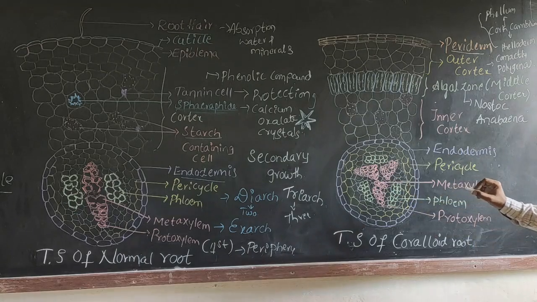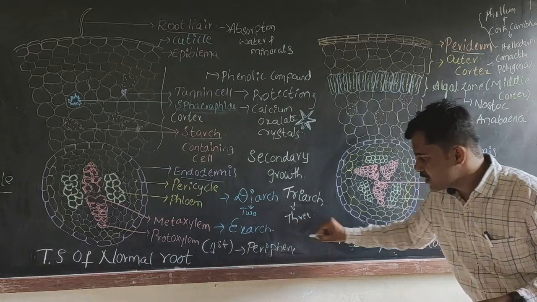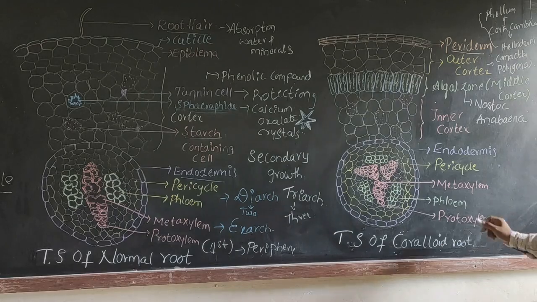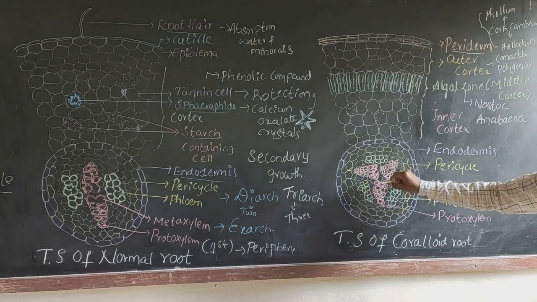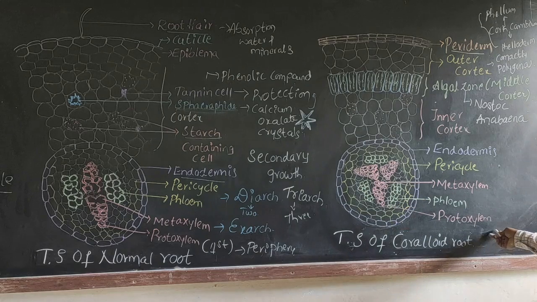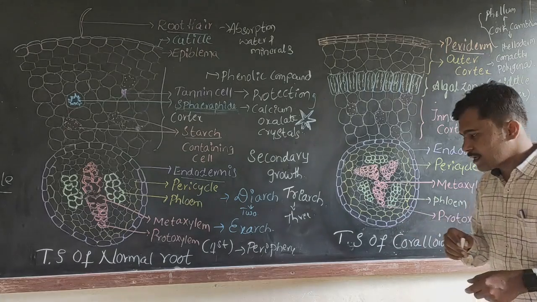Again, the xylem is said to be exarch. It is exarch because the metaxylem is present towards the center and the protoxylem is present towards the periphery. So the xylem is exarch and the stele is triarch.